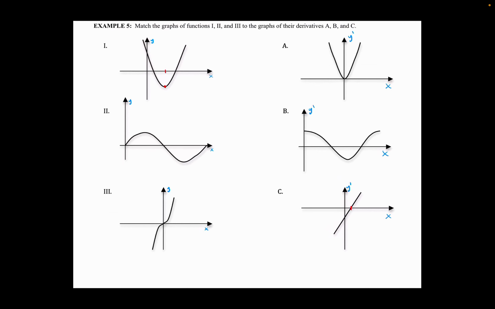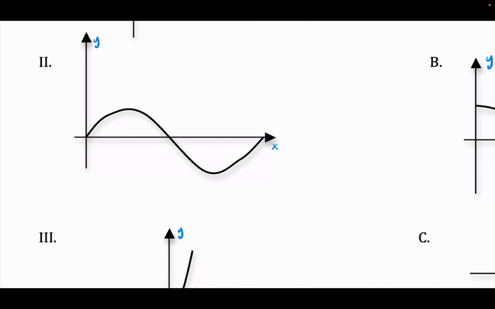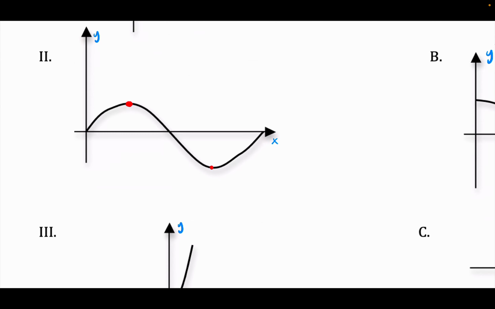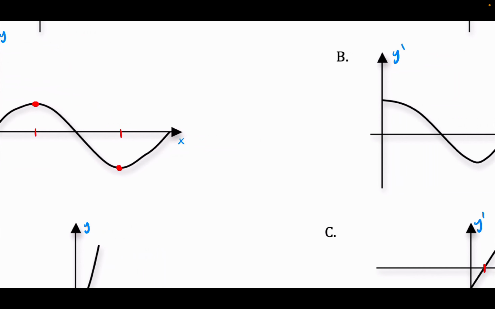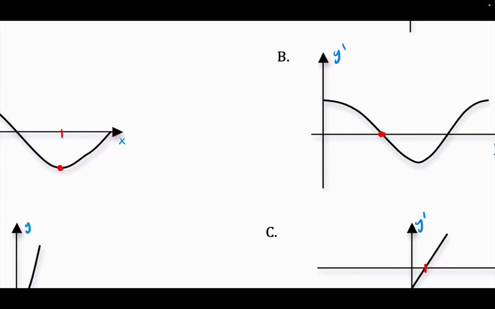Okay. Number 2. What happens at these two guys? Derivative is 0. Derivative is 0, right? So it would be B. This one is B because I get a 0 there, same spot, and a 0 there, same spot.